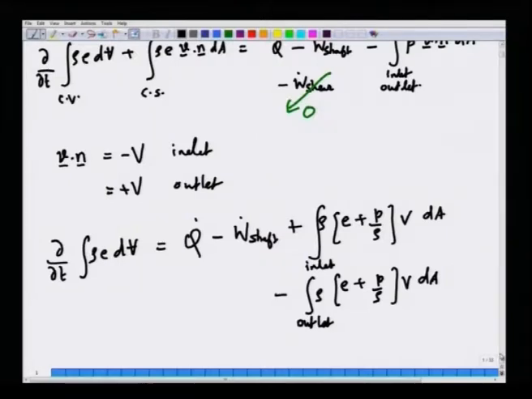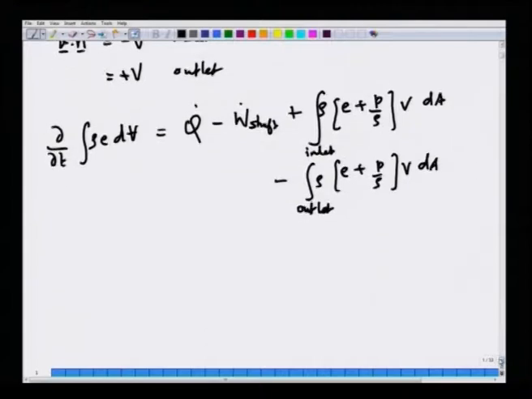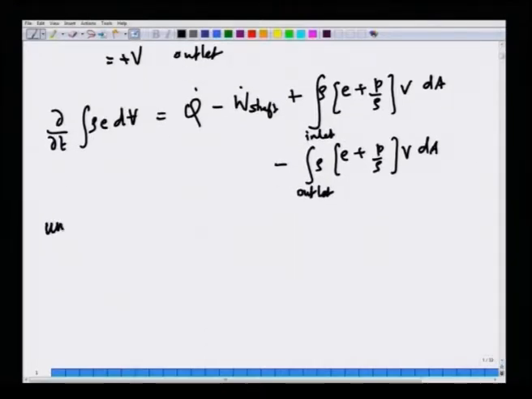Now, we also said that we can simplify this further by making assumptions, just for the sake of clarity. So, you can use the assumption of uniform flow. We of course saw that we can correct this assumption by using the kinetic energy correction factor for the energy balance, the alpha term.